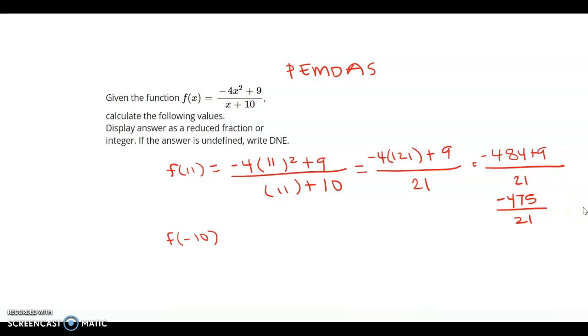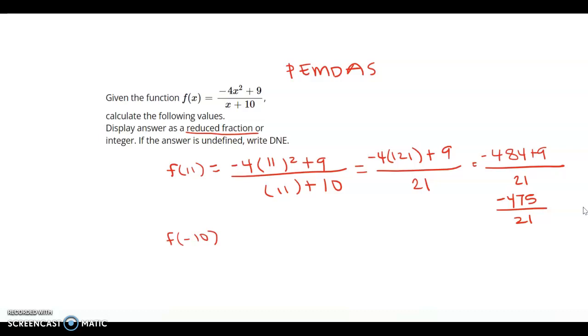And so I just divided that and I got a decimal. So automatically when I get a decimal, I'm in the habit of just looking back and seeing what the instructions say. So it does say display answer as a reduced fraction or integer. And so this one, we kind of need to check if we can reduce it.